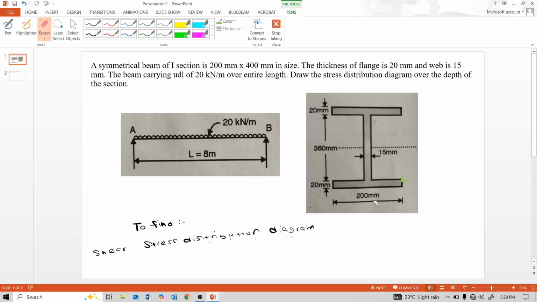So, for calculation of position of neutral axis, we know that the total depth of this I section is 20 plus 360 plus 20. This is 400 mm.